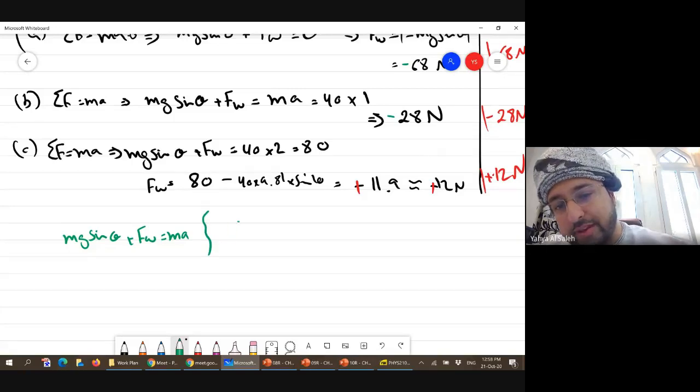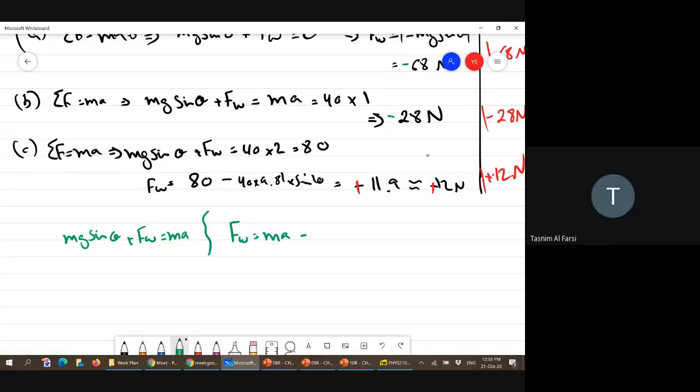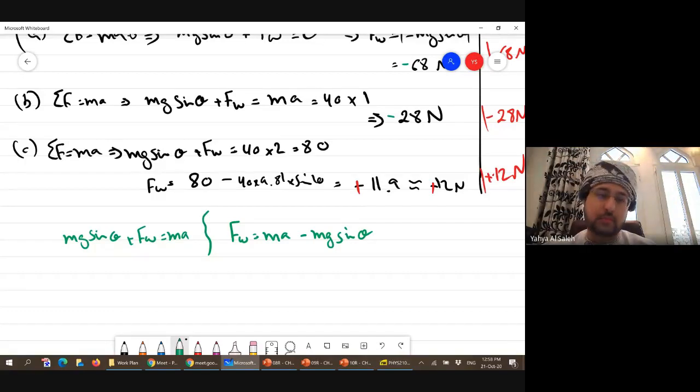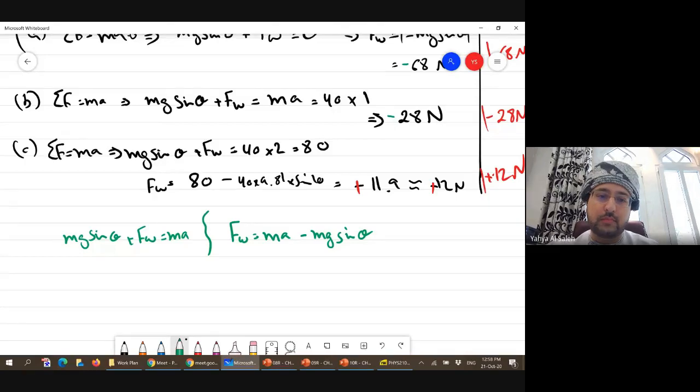I want to find FW. FW is equal to MA minus mg sine theta. Like this. Yes, we keep FW. So MA minus mg sine theta.